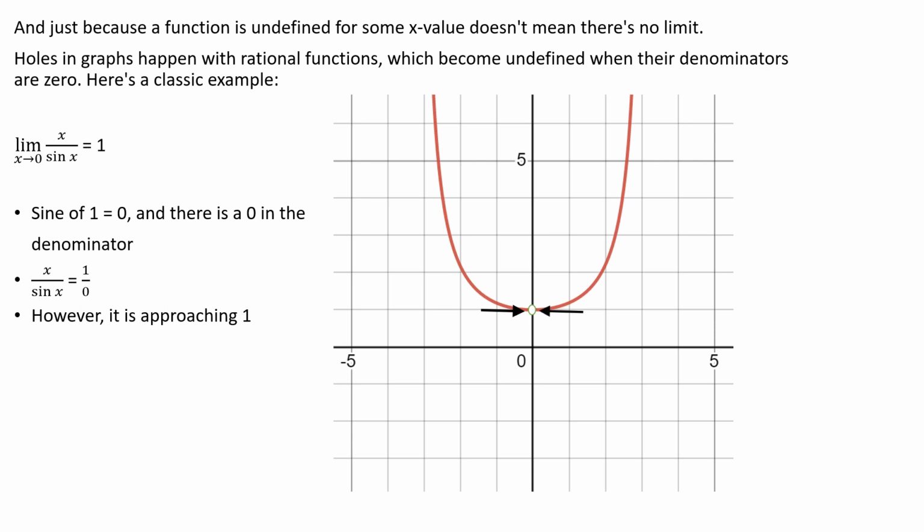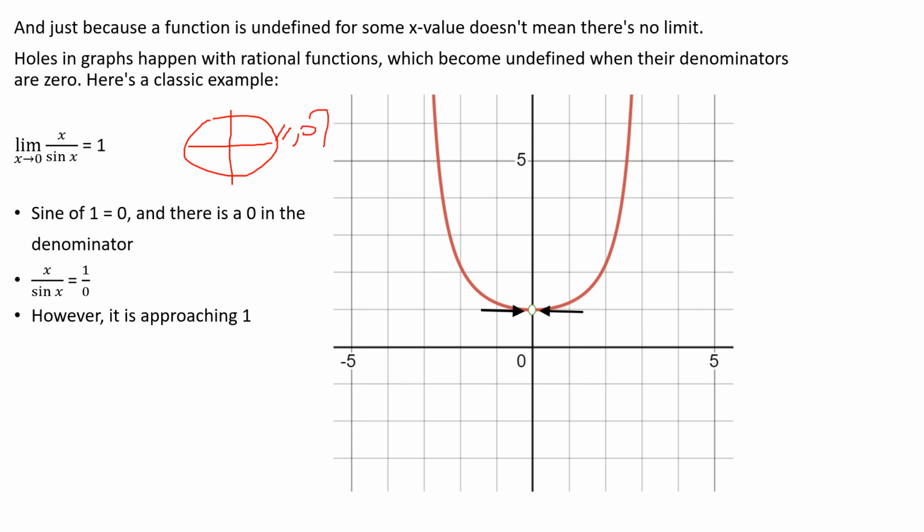Now, here's another one here. Limit as x approaches 0, x over sine x equals 1. And remember, we have our unit circle. And remember, sine of 0 is, remember, it's cosine comma sine. And this location right here where we start out is 1 comma 0.